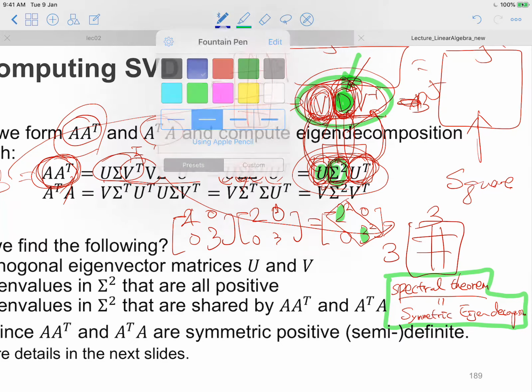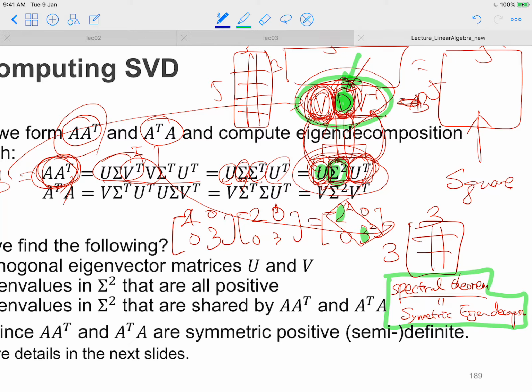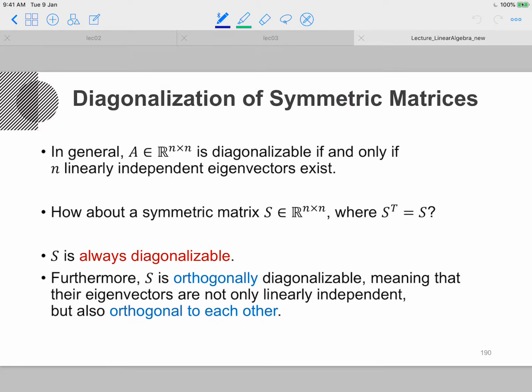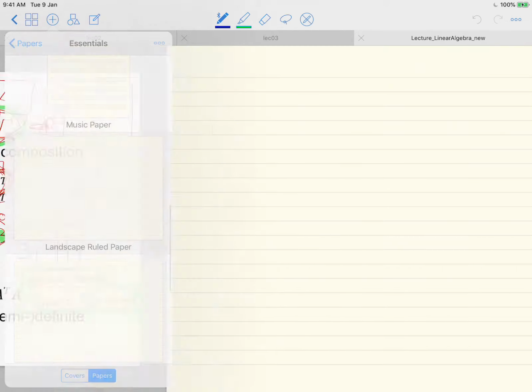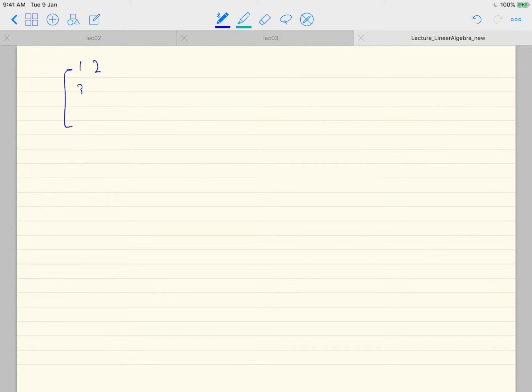Let me just give a kind of high-level overview, although we don't have time to look into all the details of this spectral theorem or symmetric eigen decomposition. But for this AA transpose, we can at least verify that this matrix AA transpose is a symmetric matrix. Suppose A is 1, 2, 3, 4, 5, 7, for example.